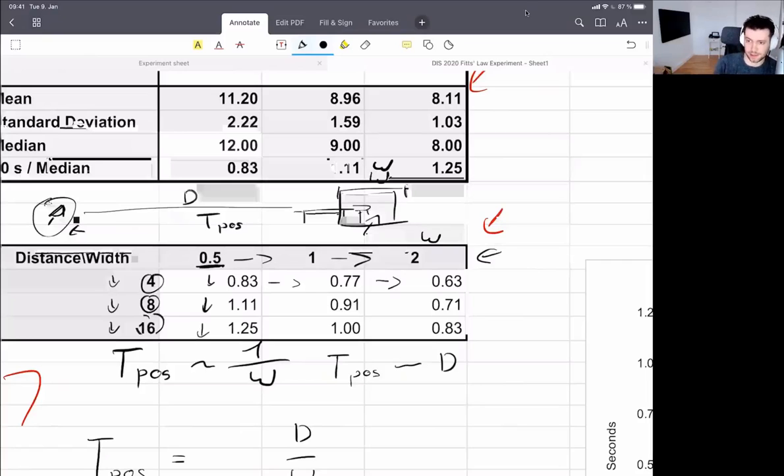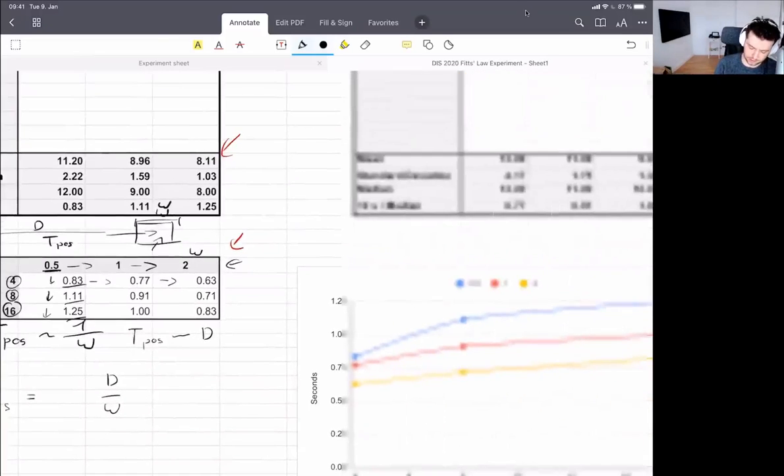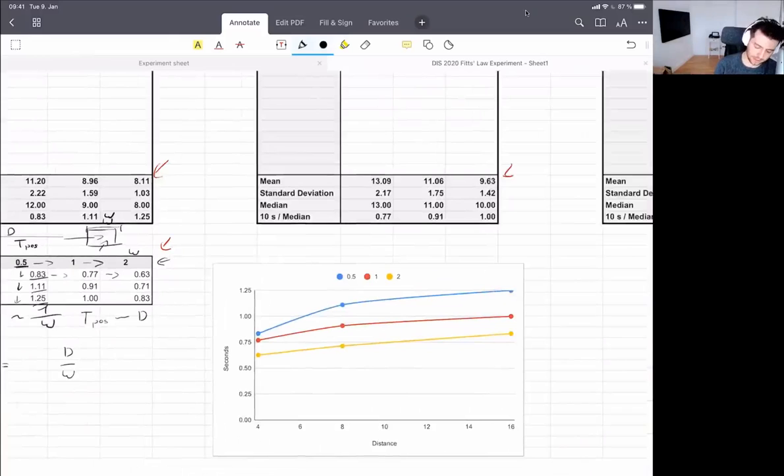We might expect that the time it takes you to go from one point to the other would also double. But if you look at these numbers, we have 0.8, 1.1, and 1.25. The time does not double. And as you can also see on the graph, it's not a linear graph.